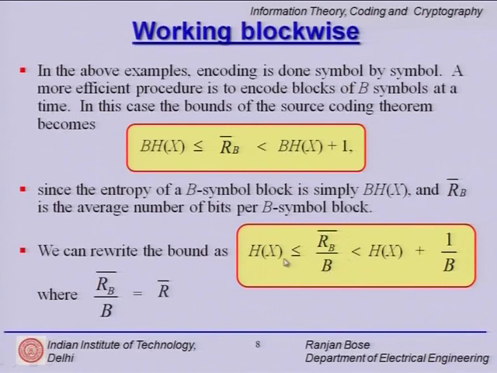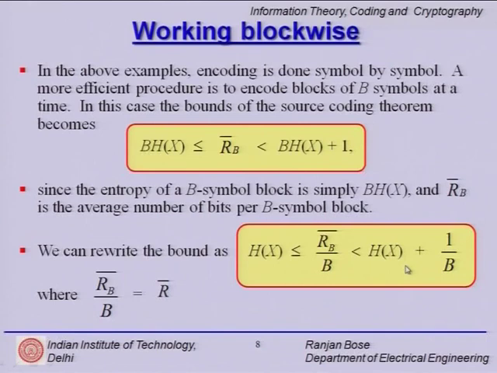And we saw in the last class that if you divide both sides by b, you see that H(X) is the lower bound, but now if you find out the number of bits per symbol, which is R_b bar divided by b, it is upper bounded by H(X) plus 1 over b. So this is important. As we increase the block size b, I can pinch it harder from the top and squeeze it to become closer and closer to H(X). That is the whole thing.